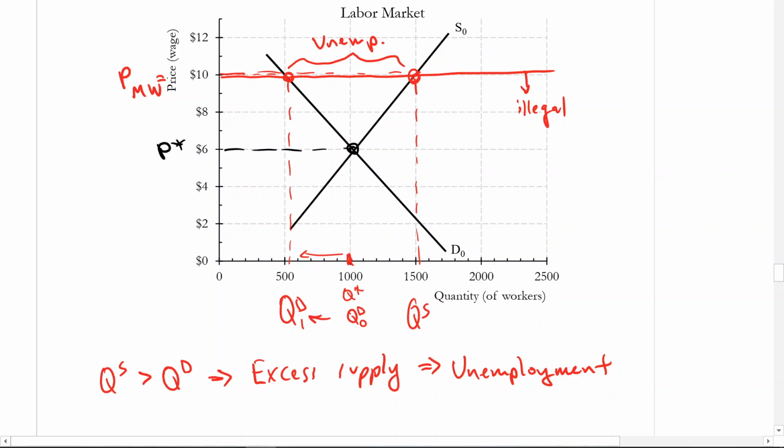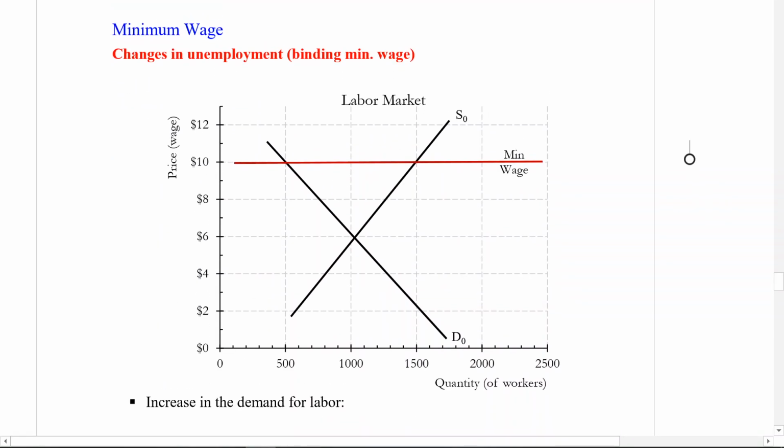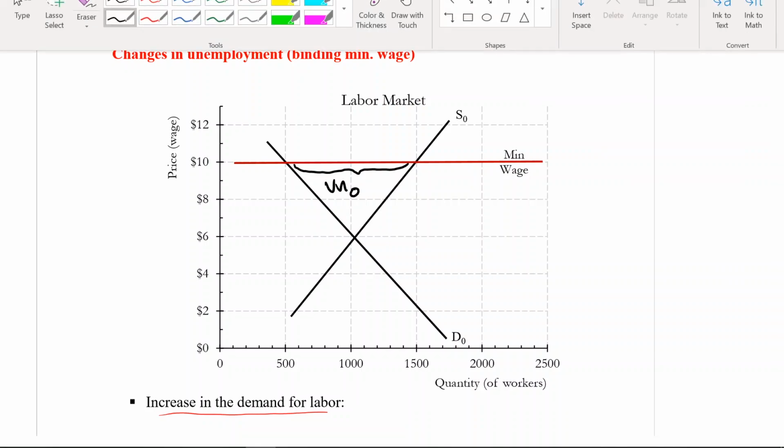We looked at unemployment, and now what I want to do is keep unemployment, but start to do some market dynamics, and in this case, we're going to increase the demand for labor. So we start with this level of unemployment here, I'll just put UN for unemployment, 0. And what we want to do is increase the demand for labor.